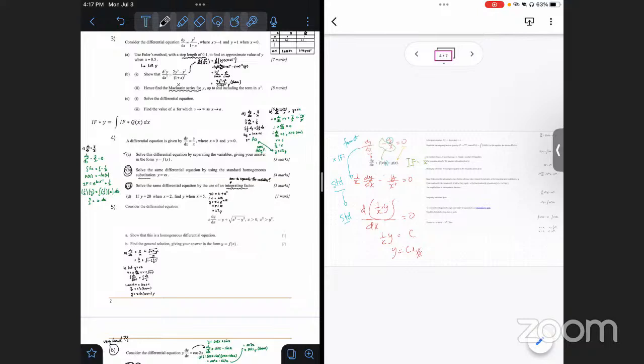So here's your integrating factor: 1 over x, there you go. And then here it's 0, of course. So that's all I'm doing. Times 1 over x, times 1 over x, and of course times 1 over x. That is supposed to be a standard thing to do. So far, so good?